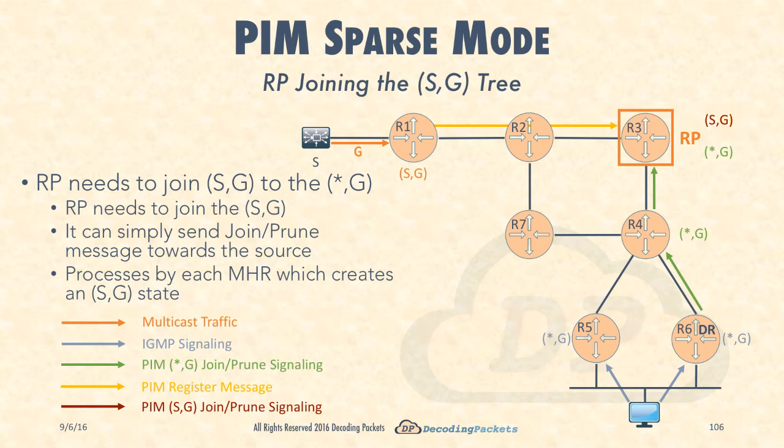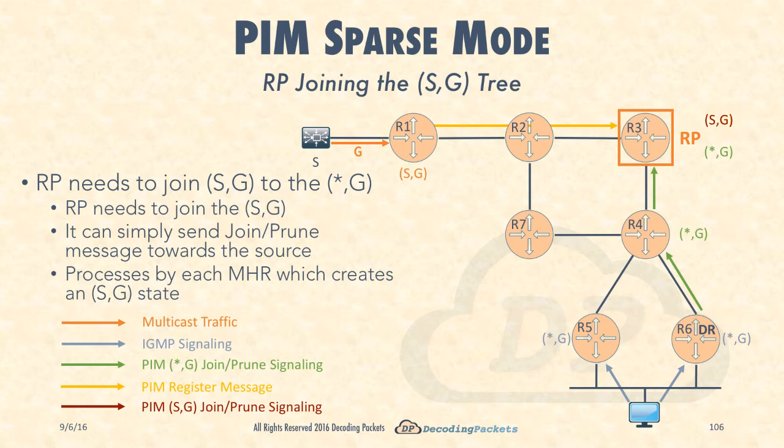Also, the last hop router R6 has shown its desire to join that group. So the star, G join has already reached the RP, and the RP has an S, G state and a star, G state. So now it can place itself on that S, G tree using this S, G join prune message.